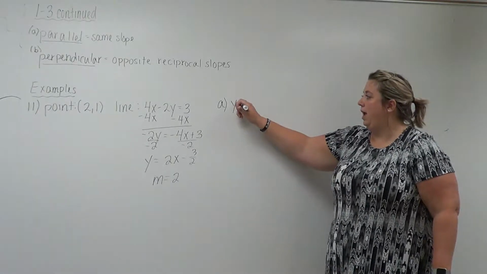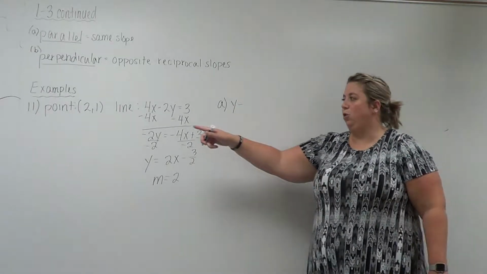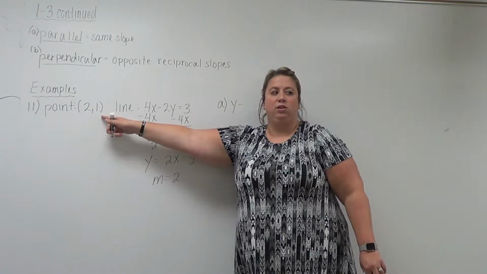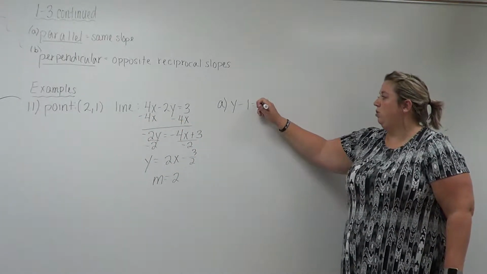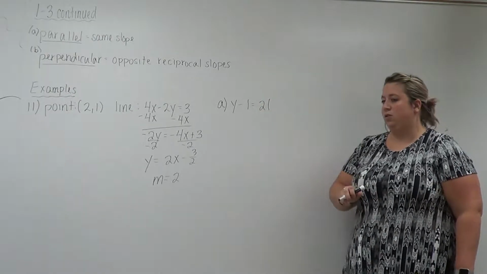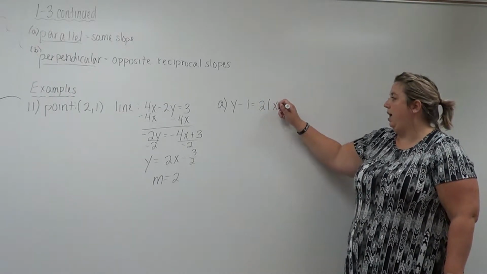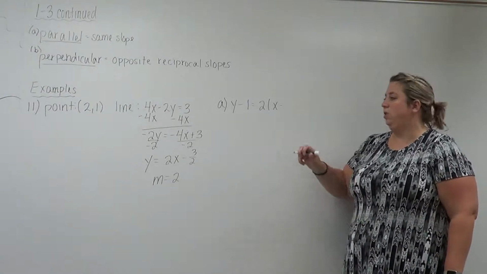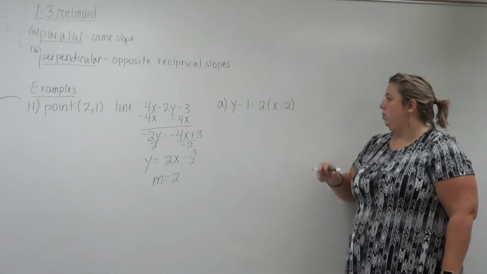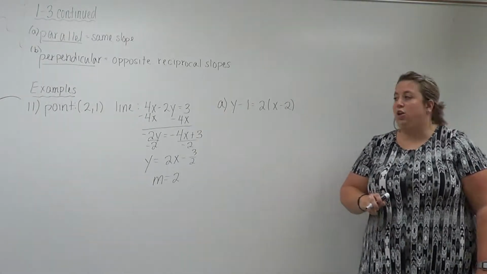So I do y minus, then I need the y number from the point. So the y number would be 1 equals your slope, which is 2. And then I have x minus, and then I need the x point. What's the x point? 2. Okay, then you would distribute.